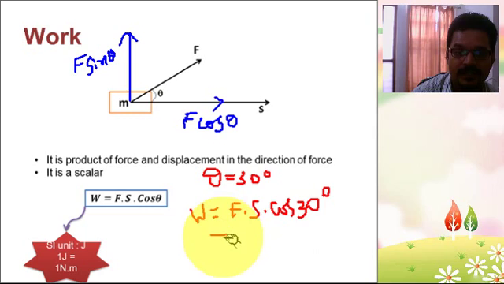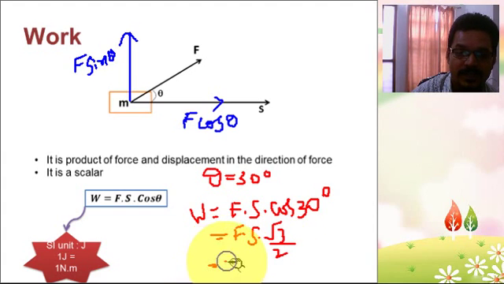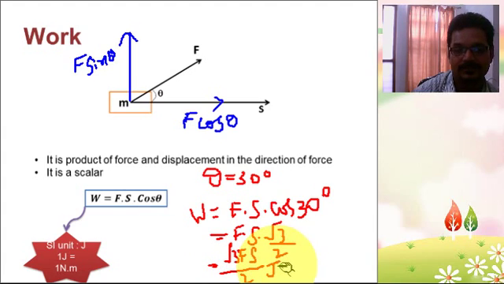So it equals Fs cos 30. Cos 30 is nothing but root 3 by 2. So your answer will be root 3 Fs divided by 2 joules. That is the answer.